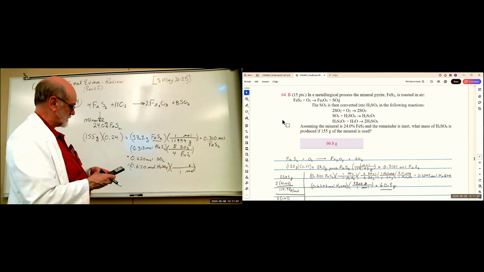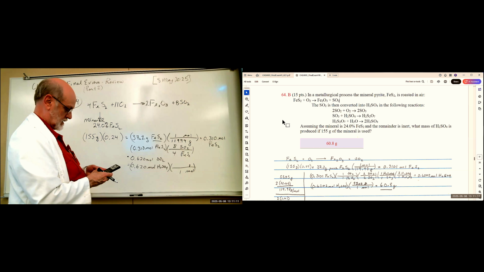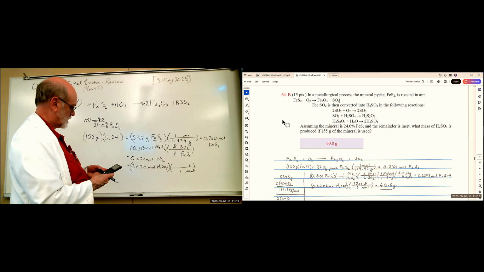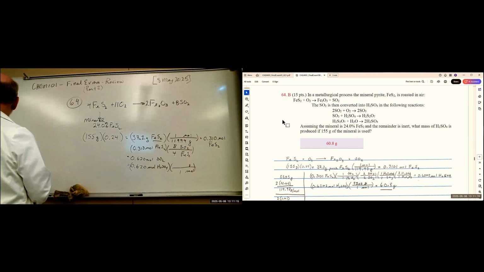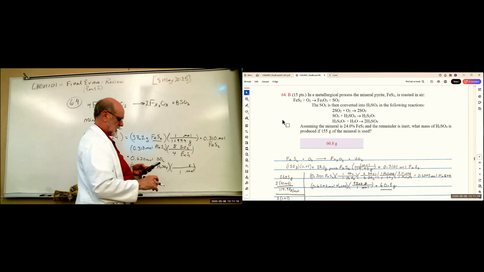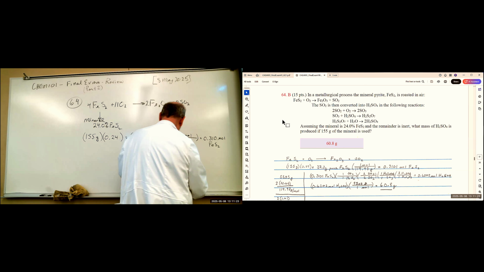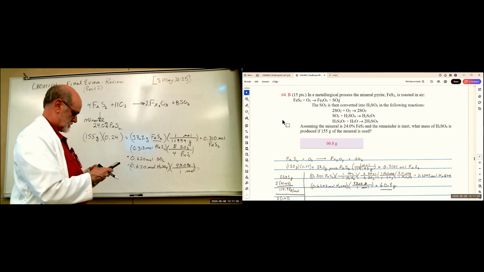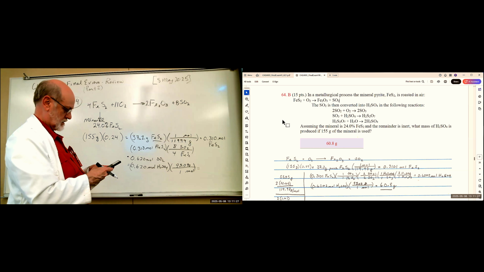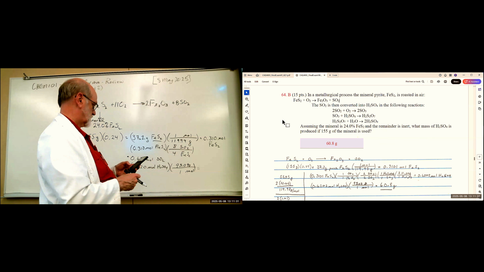I'm going to have to do the calculation again. 2.02, 32.07 for sulfur, 98.09 times 0.6... no, that's not right.